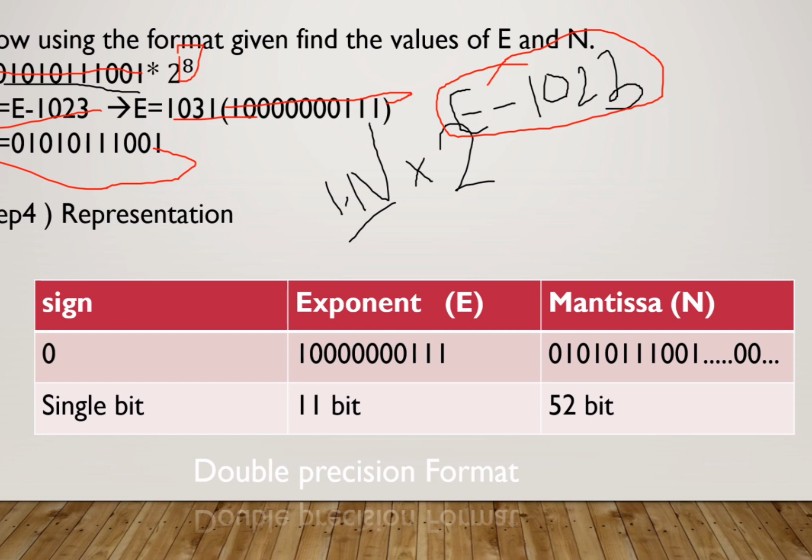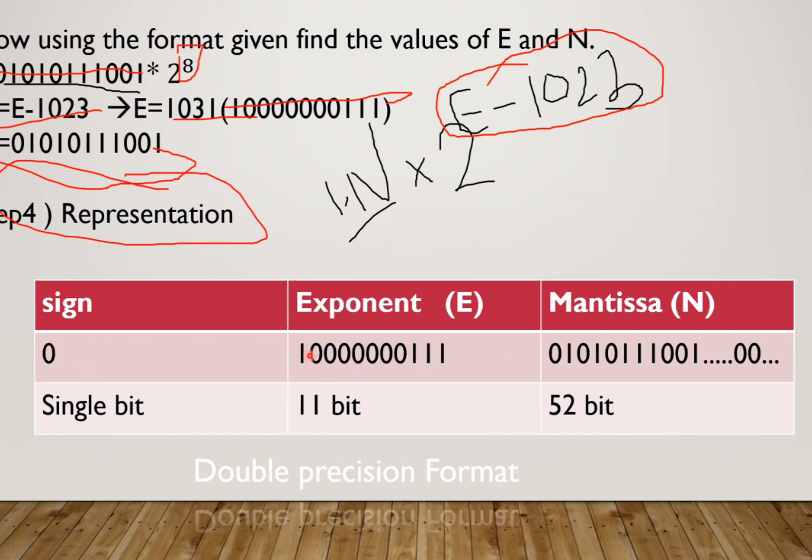Now we are only left with the representation of double precision format. We always know the MSB, the most significant bit, represents the sign of the number. Our number was positive, and we know very well that if a number is positive, then the MSB is always 0 here.